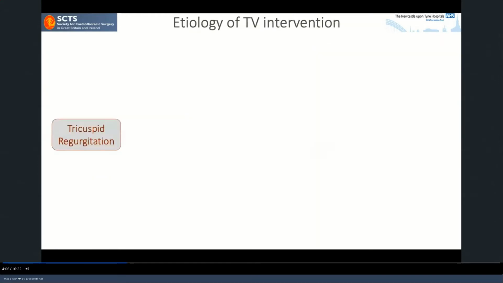So how would you classify etiology on the basis of tricuspid valve intervention? Now, the common one, as seen in a lot of articles and publications, is a primary and secondary division. I feel that for the purpose of this talk, I've divided the tricuspid regurgitation into functional and organic.